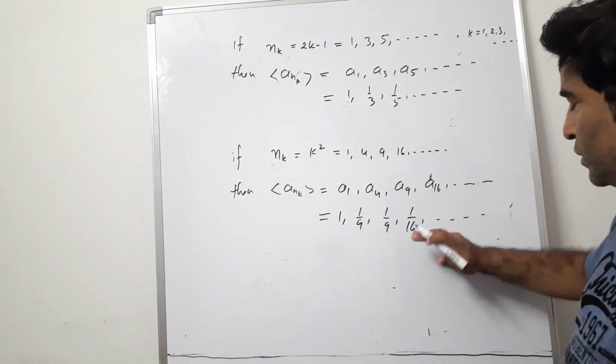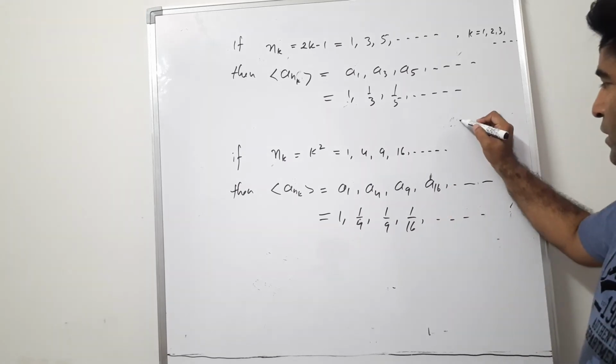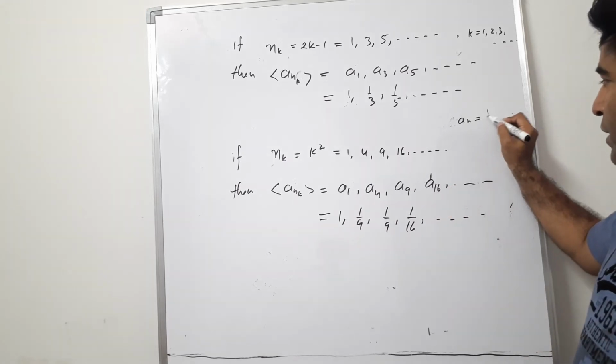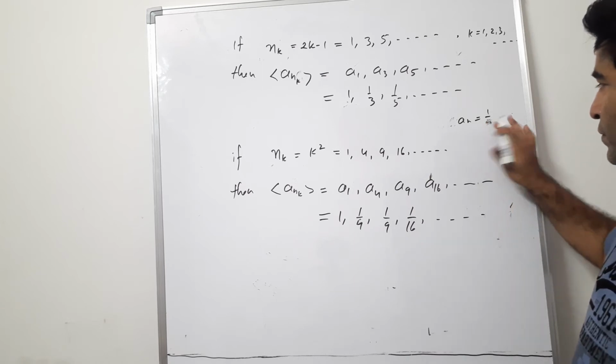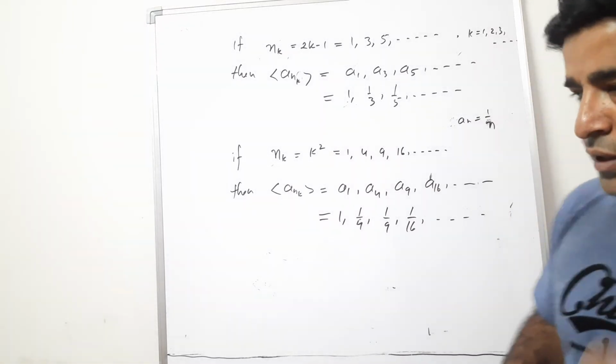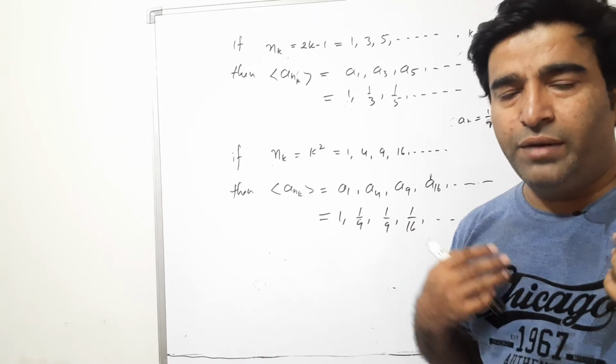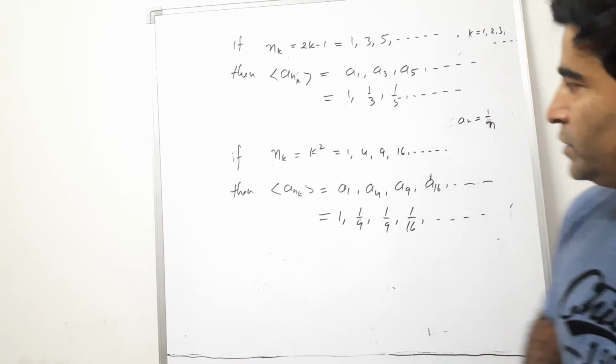These terms come from the mother sequence, where an is 1 by n. So it is clear that for a given sequence we can construct an infinite number of subsequences.